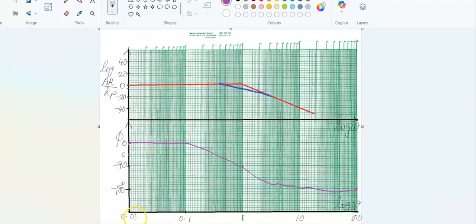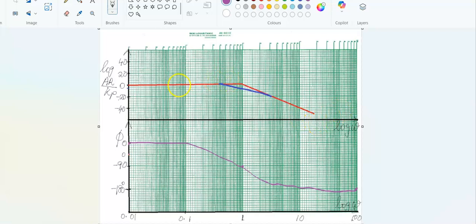So you can consider this as omega tending to 0, and corresponding to that, the value is 0 decibel. The last condition is when omega tending to infinity. In the graph sheet, omega tending to 100 is the maximum value, so that can be considered as omega tending to infinity.